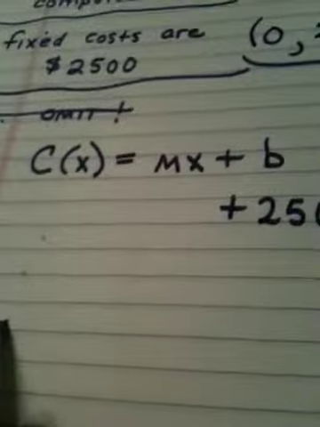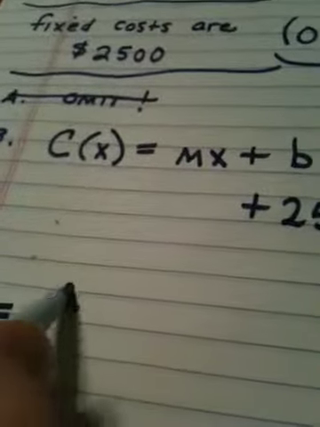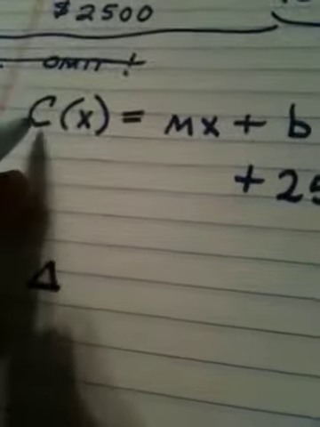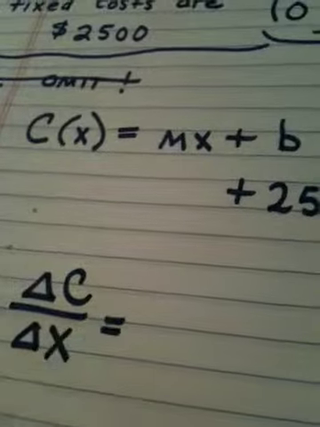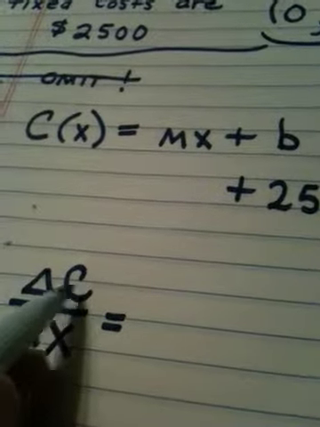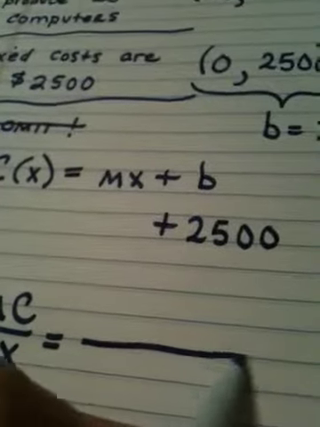To find slope, it's the change in C divided by the change in X: change in cost divided by the change in the number of computers we're producing.